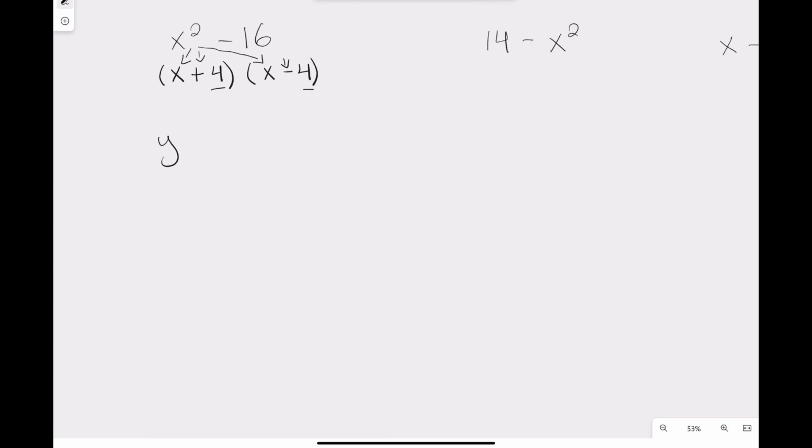So for example, if you had y squared minus 100, the format looks like this, and then the square root of y squared is y, the square root of 100 is 10, and then you just fill those in.